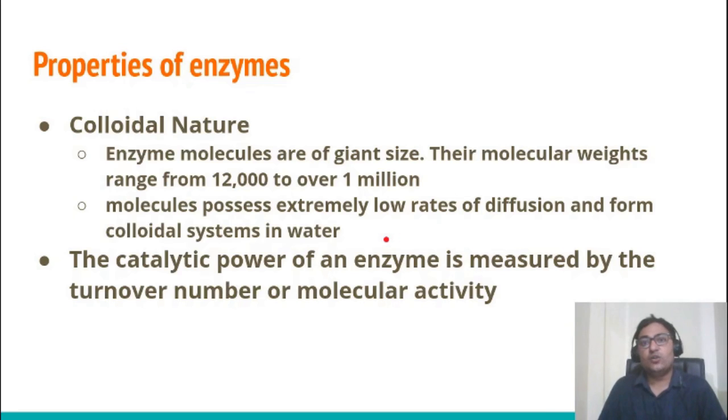The overall efficiency or the catalytic power of an enzyme also depends on their diffusion efficiency. The catalytic power of an enzyme should be measured, and it is measured in terms of turnover number or molecular activity, that is the activity that is performed by a mole of enzyme.